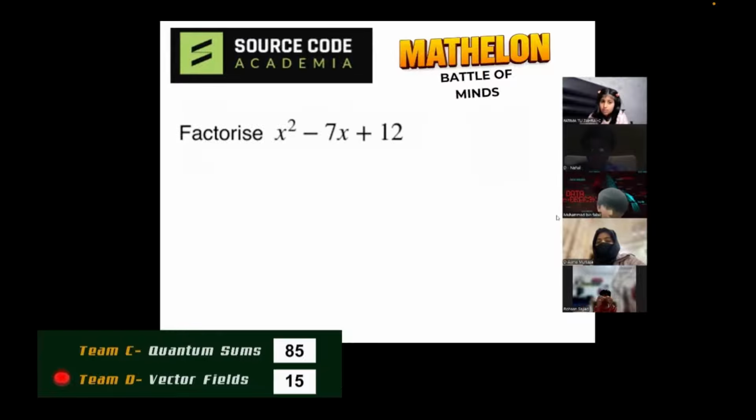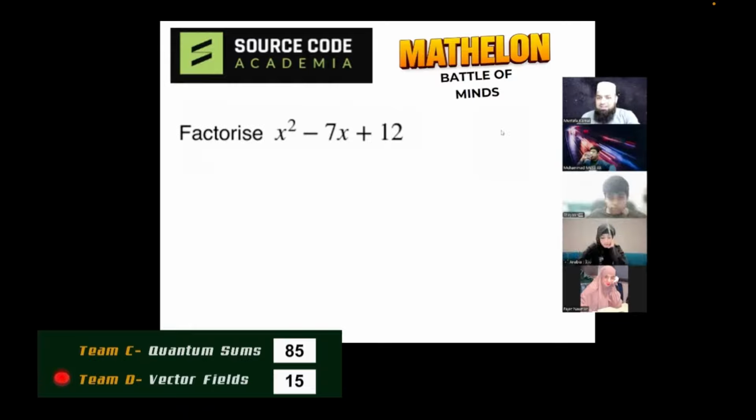x squared minus 7x plus 12. What is the factorization? You need to factorize this.